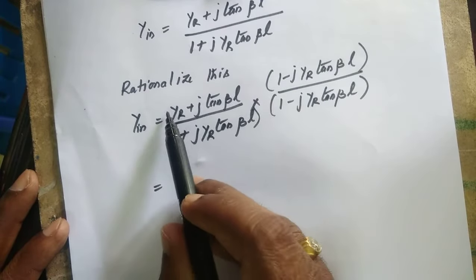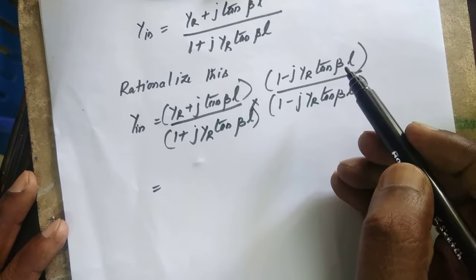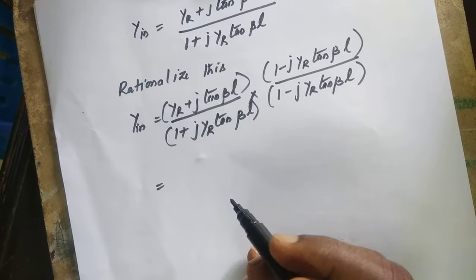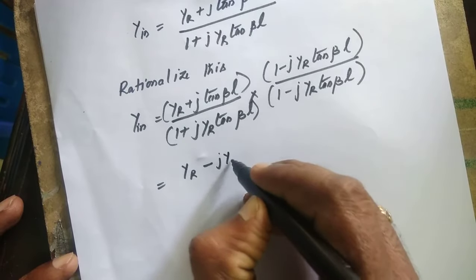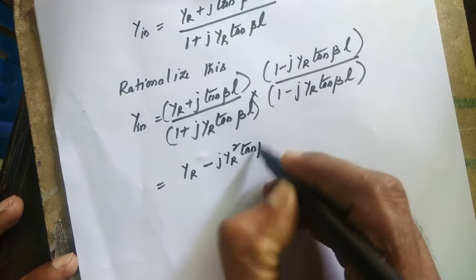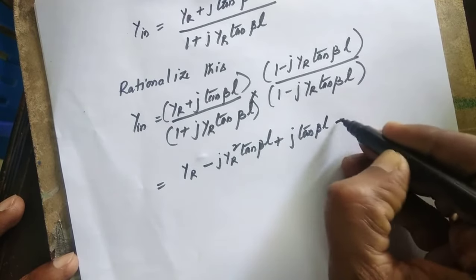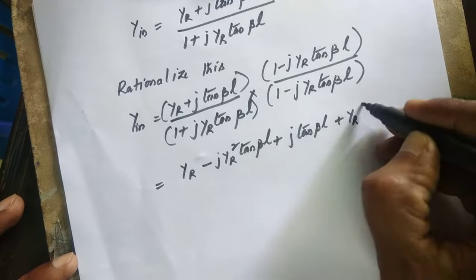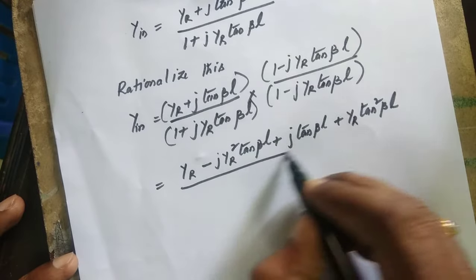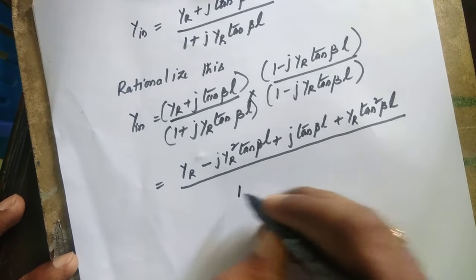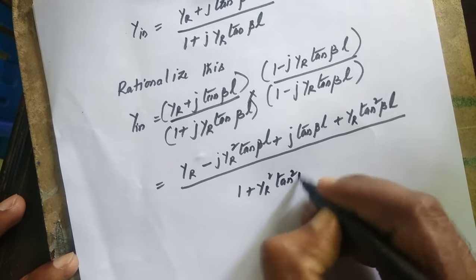So if you multiply these two terms, you get a real term and an imaginary term: (YR minus j YR square tan beta L plus j tan beta L plus YR tan square beta L), the whole divided by (1 plus YR square tan square beta L).